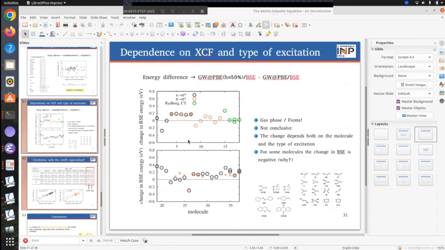Here what you're trying to see is whether for certain kinds of excitation you have a larger change than for others. We don't see any reason to believe that one type of excitation has the largest dependence on the starting point.